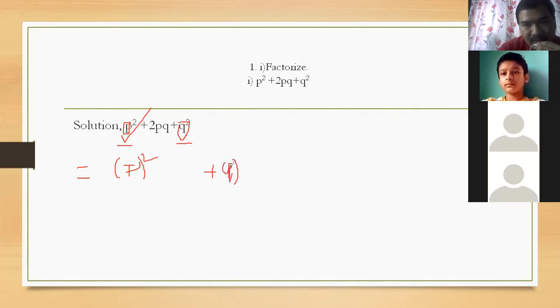Make q whole square like this. First term is square, last term is square, and the middle one has a plus sign. The first bracket one is a, the last bracket one is b, and we need the middle one to be 2ab.